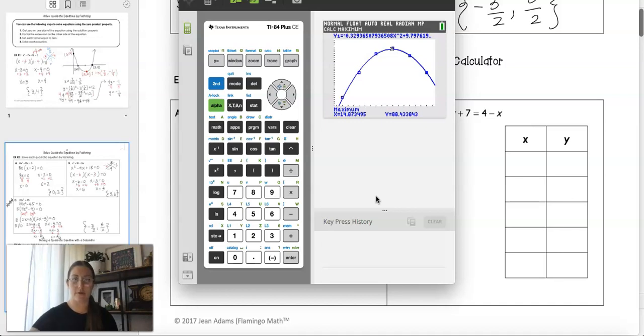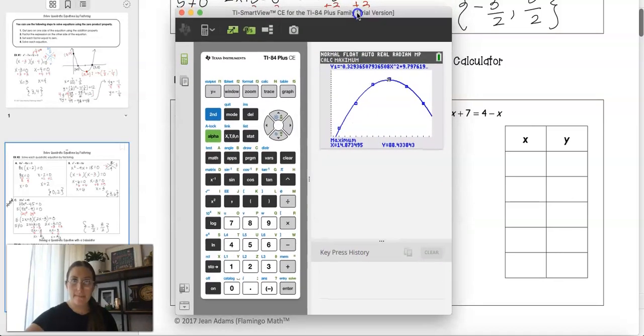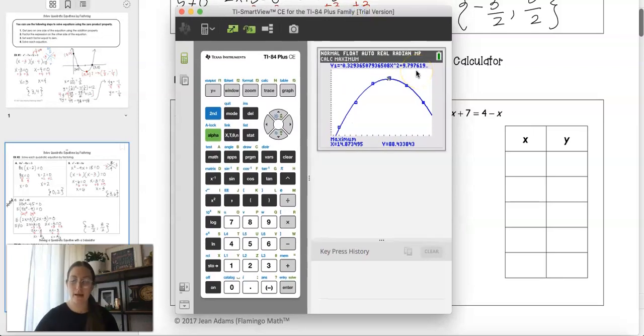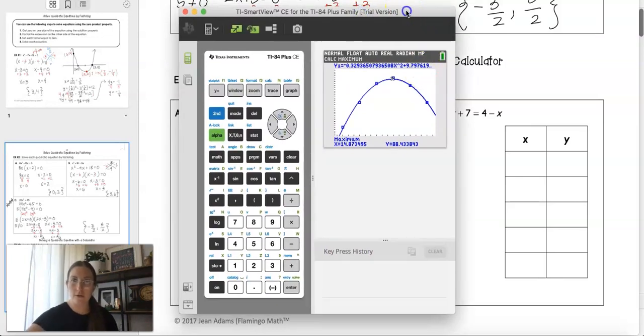Okay, perfect. Let me move this calculator down. All right, here we are. I'll slide it over too.